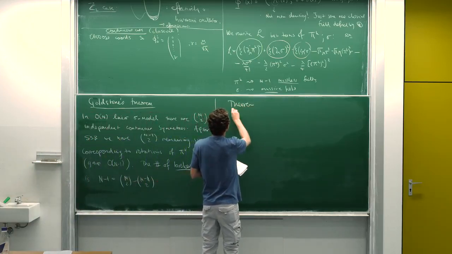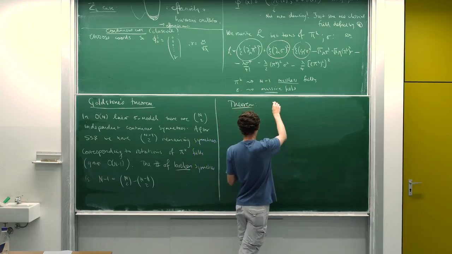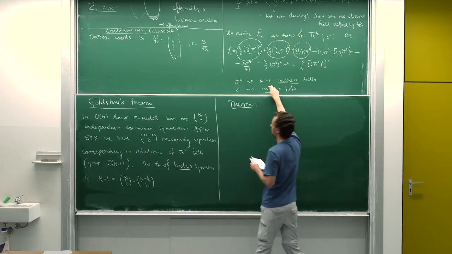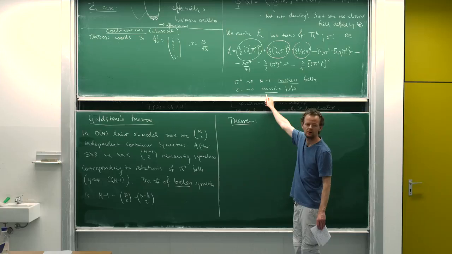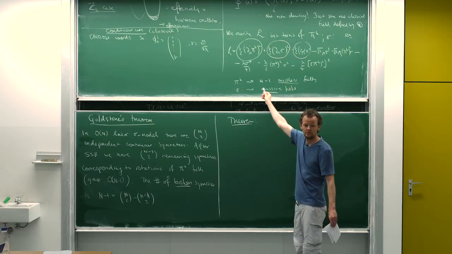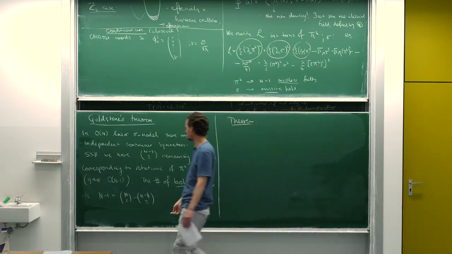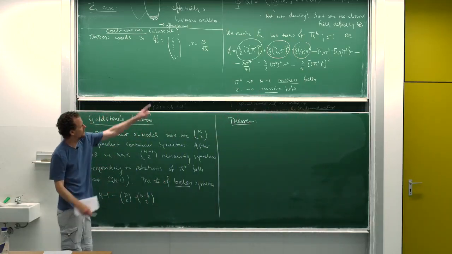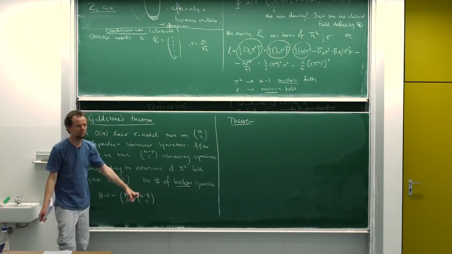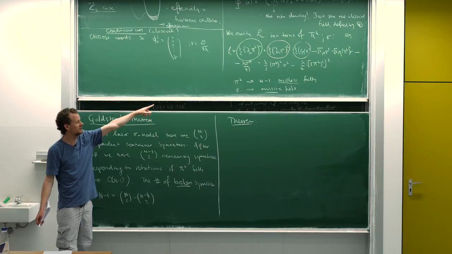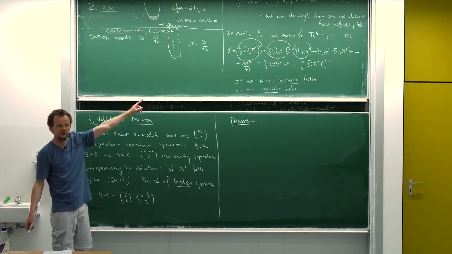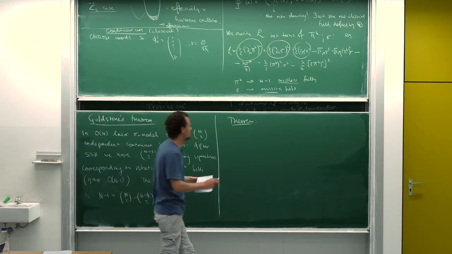And so here's the theorem. Oh, the final observation before we quote the theorem: how many massless fields are there? Well, there's N minus 1. So the number of massless fields that come out in this model is equal to the number of broken symmetries. For every broken symmetry, there's a massless excitation in this effective model.